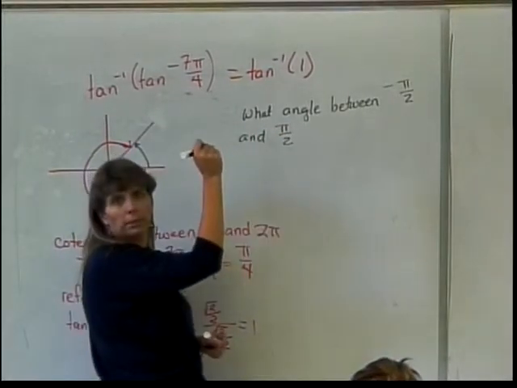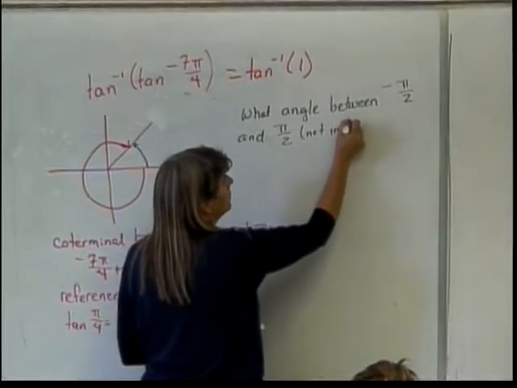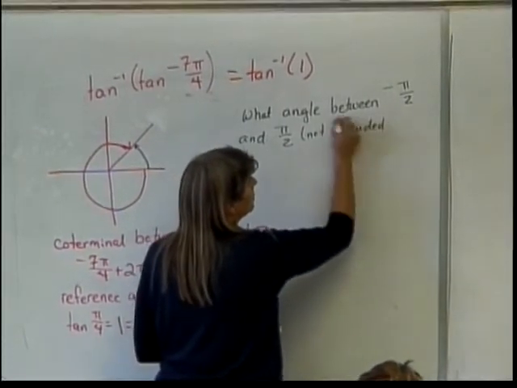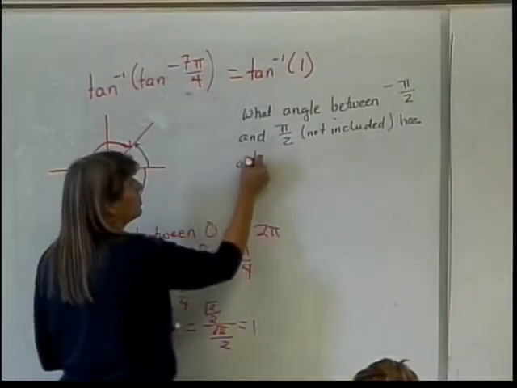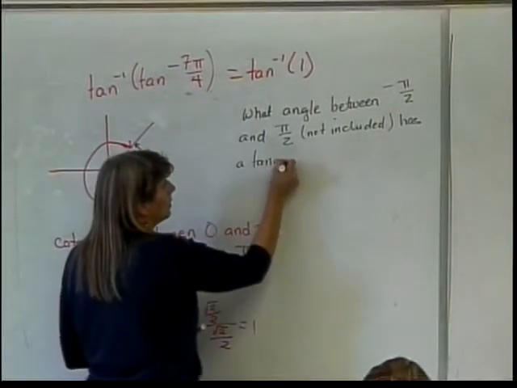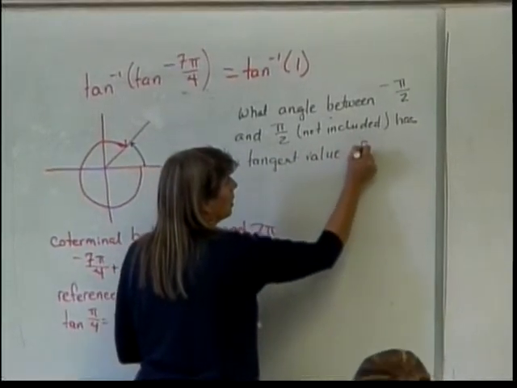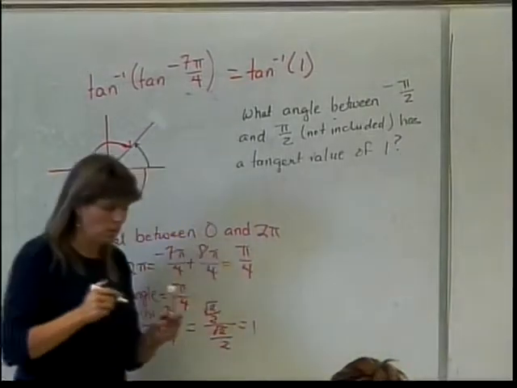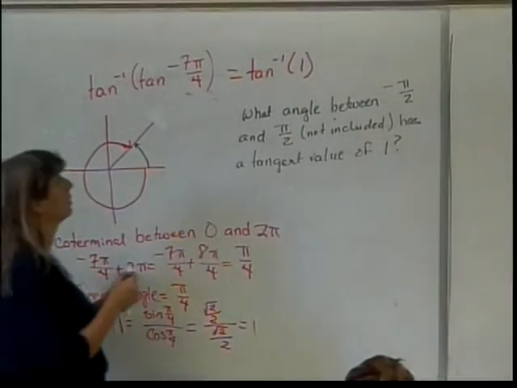Including or not including them? Not included. What angle in that range has a tangent value of 1? Pi over 4.